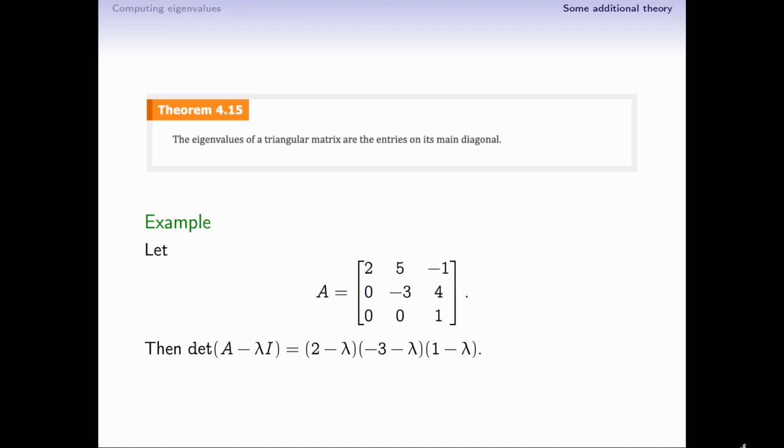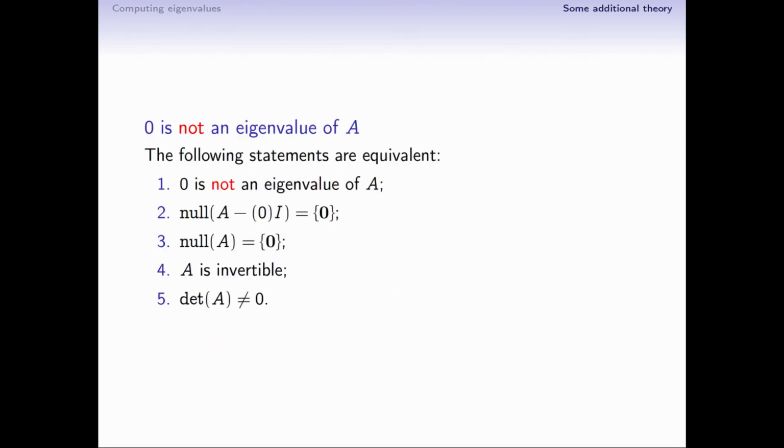Our next two main theorems, theorem 4.16 and theorem 4.17, both rest on the equivalence of the following 5 statements. Statement 1 says 0 is not an eigenvalue of the matrix A. That's equivalent to the statement that the null space of A minus 0 times the identity matrix consists only of the 0 vector.